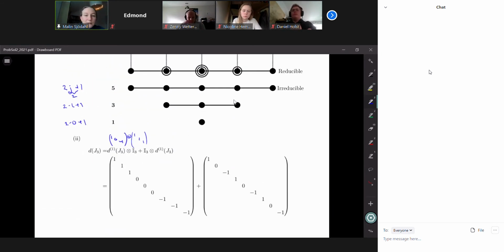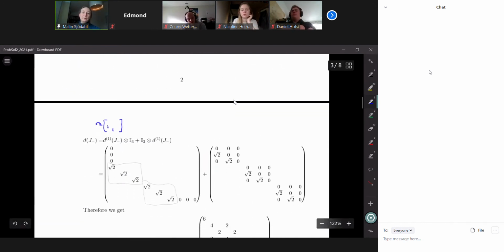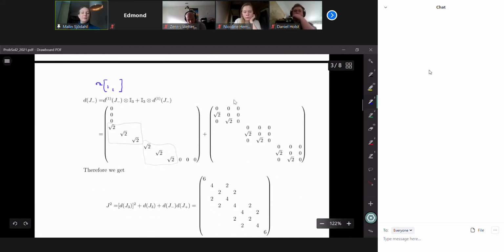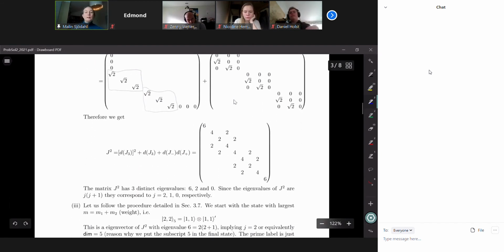So the strategy would be to find J3 and to find J plus and J minus. And if we find J minus, J plus is easily obtained. And then to use the result that J square in the particular representation is the representation of J3 squared plus J3 itself plus J minus times J plus.